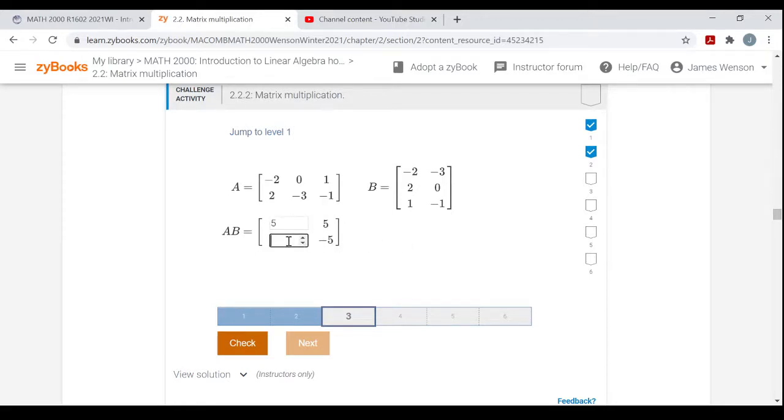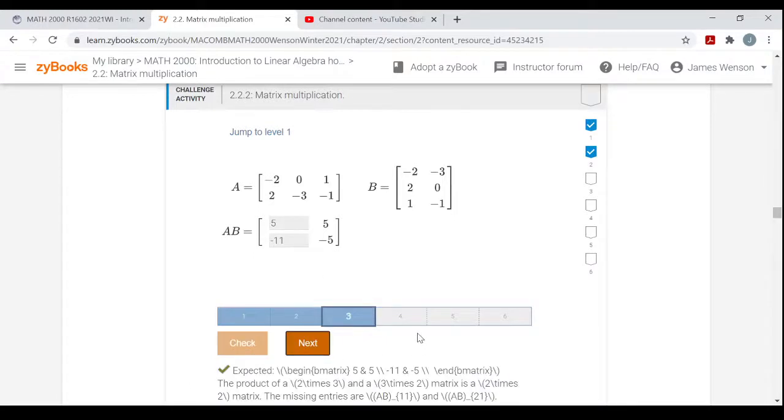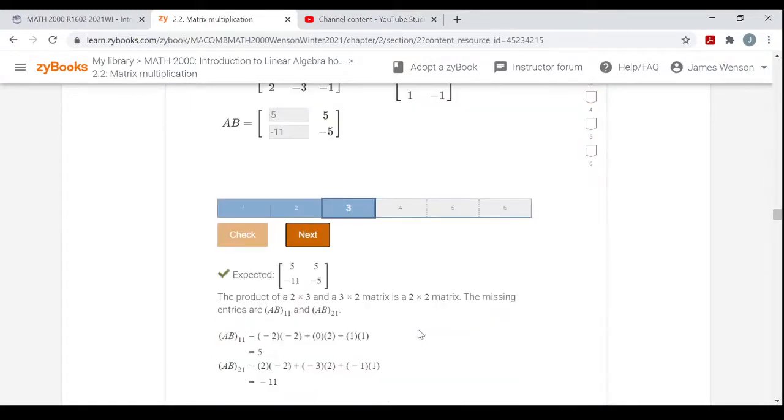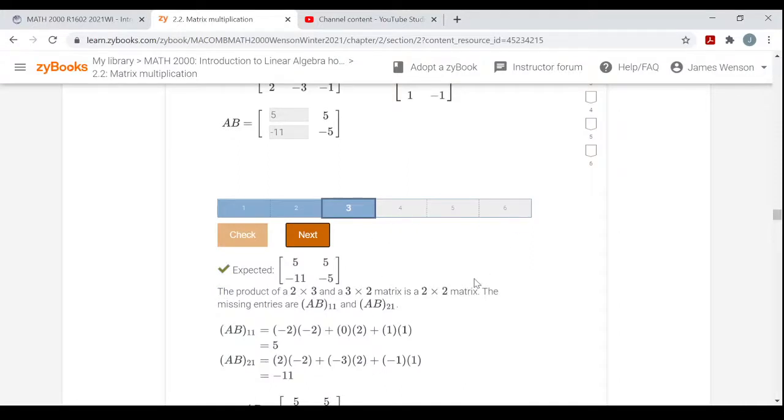And then this entry is the second row, first column. So I do second row of the left with the first column of the right. Second row of A with the first column of B, and do that row column rule. You have -4, -6 is -10, and then -1 is -11 for that entry. And then I check, and great. So I didn't have to fill in the entire product there. And then there's more for you to do.